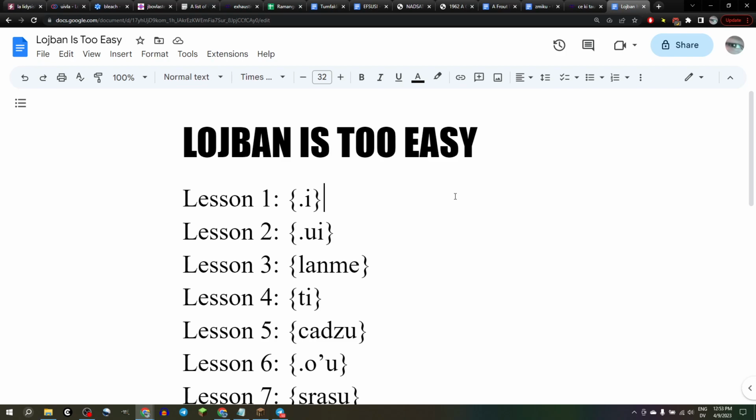To the crisis where you realize what Lojban is, and you don't realize what it means, how simple it is, but you realize what it is to be as simple as Lojban is.